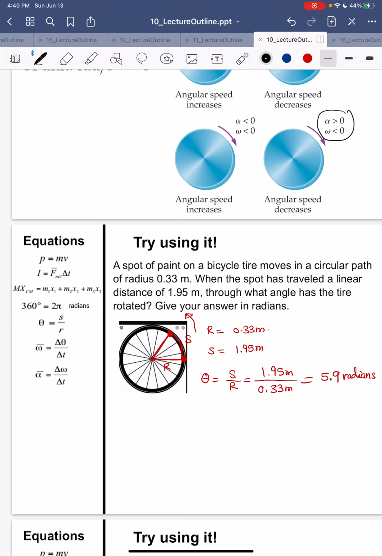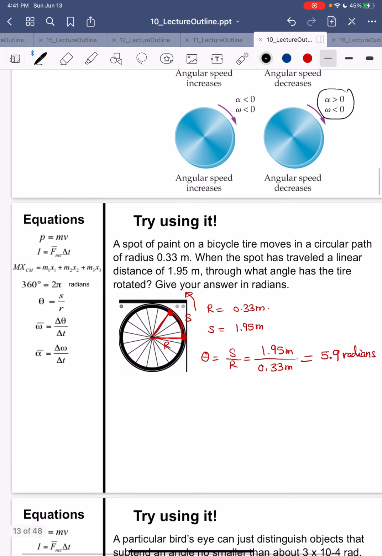Let's try solving this one here. A spot of paint on a bicycle tire moves in a circular path of radius 0.33 meters. When the spot has traveled a linear distance of 1.95 meters, through what angle has the tire rotated? Now R, of course, is 0.33 meters, and S is 1.95, and it is clear that theta is going to be S over R, which is 1.95 divided by 0.33 meters, and that is 5.9 radians.